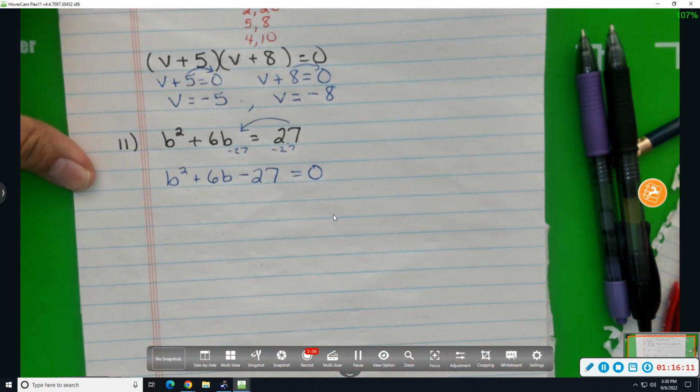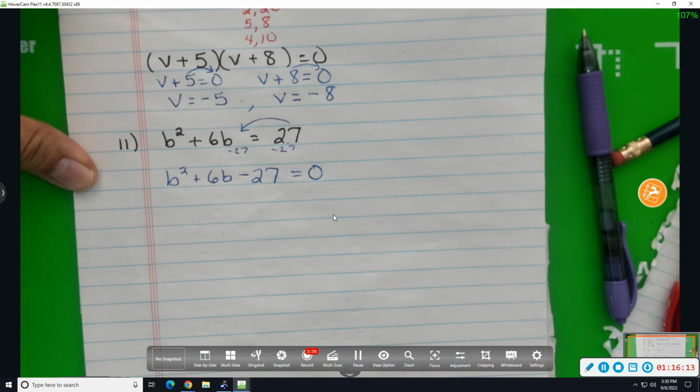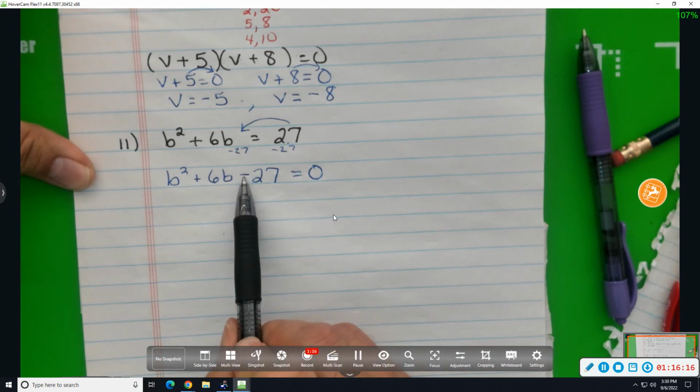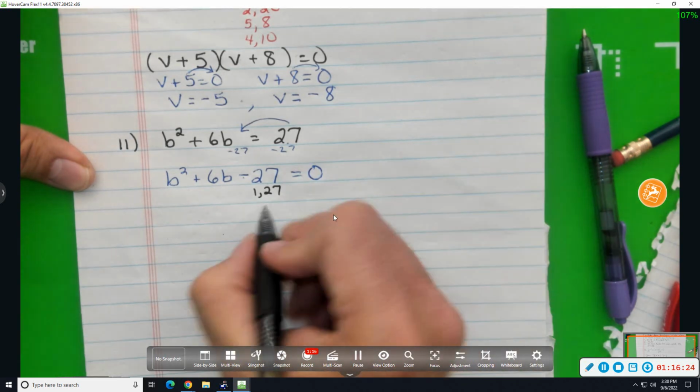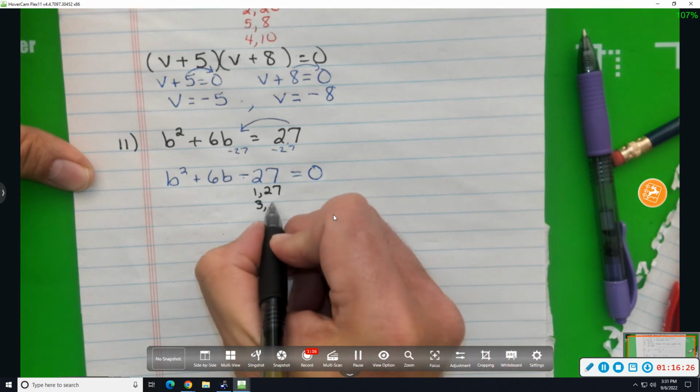Well, what sort of signs are we going to have? Yeah, the second sign is minus, so a plus and a minus. 1 times 27, and there's another pair. Is it 3 times 9?